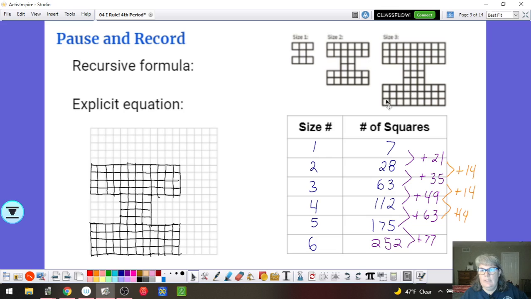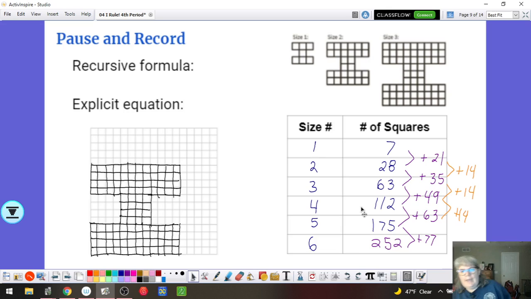For number 3, we have 9 across, and we have 6 rows, so 9 times 6 is 54, but we also have 9 in the middle here for a total of 63. Size 4, we have 12 across, and we have a total of 8 rows for a total of 96, plus another 16 in the center for a total of 112.